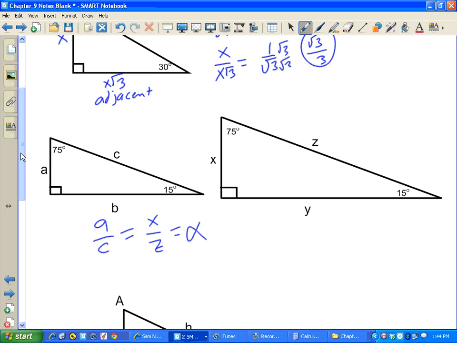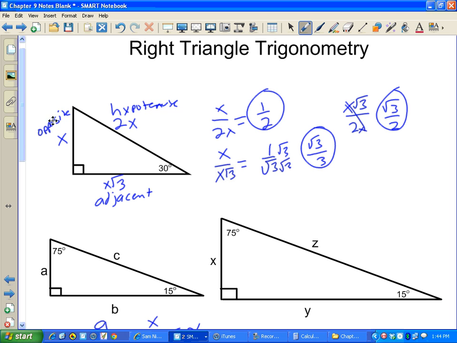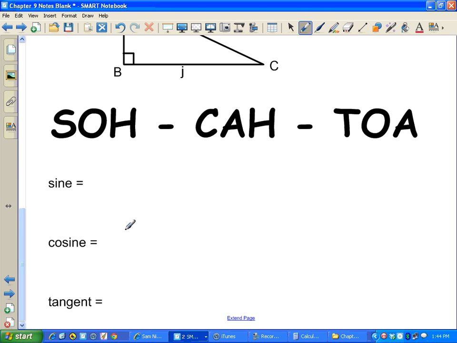So what we've done is we've come up with terms to describe these different ratios: to describe the ratio between the opposite and hypotenuse, there's a term to describe the adjacent and hypotenuse ratio, and there's a term to describe the opposite and adjacent ratio. These terms are the sine, the cosine, and the tangent.